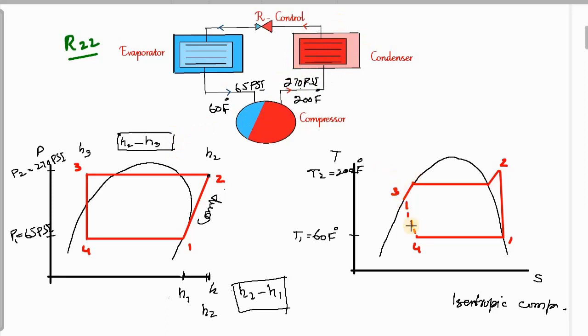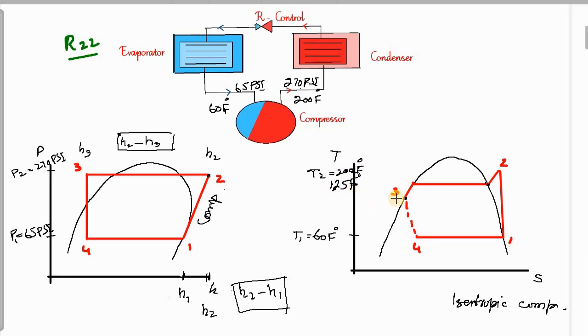Now on the TS diagram for the condensation, from point 2 to the saturated vapor point, this is the desuperheating process, and in this process the temperature decreases. From the saturated liquid point to point number 3, this is the subcooling, where the temperature also decreases. But from the saturated vapor point to the saturated liquid point, the temperature remains constant, at 125 degrees Fahrenheit. While here it is 200 degrees Fahrenheit, the desuperheating process takes it from 200 degrees Fahrenheit down to 125 degrees Fahrenheit.